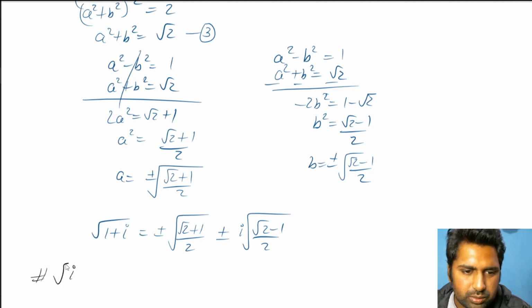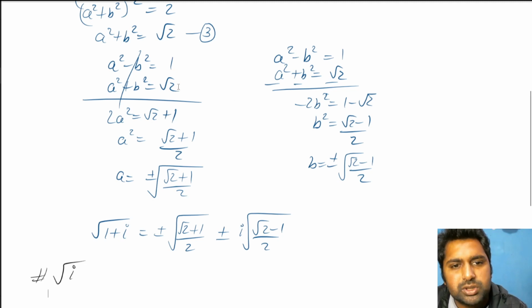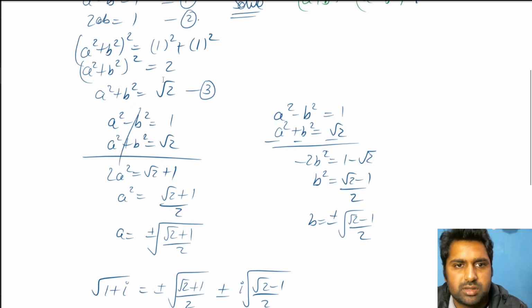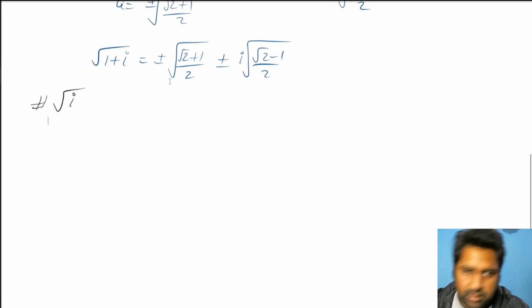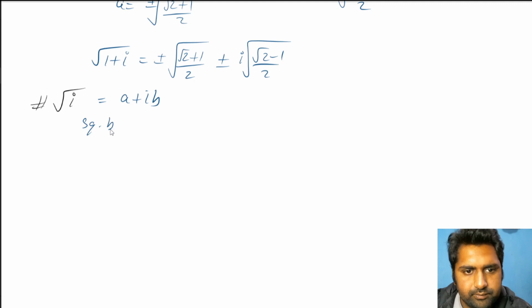Just calculate the square root of i. For that particular question, you don't have to solve this much because the equations are actually simpler. Okay, let me show you. Let it be, with the same idea, a plus iota b. Square both sides.